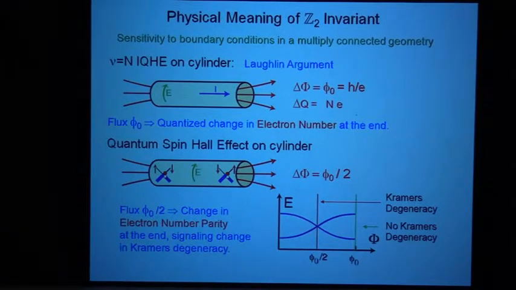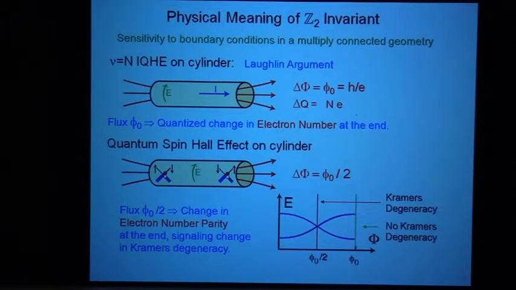Okay? So let's think about what happens if I thread a flux of h over 2e. Now, of course, I break time reversal symmetry in between, but at the beginning and at the end, I have time reversal symmetry, which means I have Kramer's theorem. Okay? And now I want to think of Kramer's theorem.